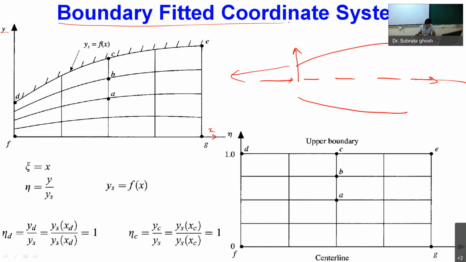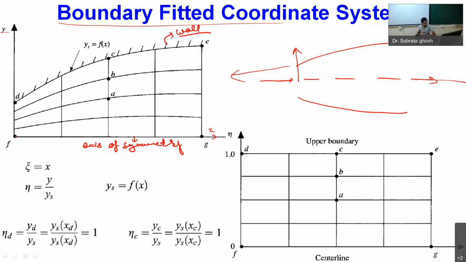It means that the grid points we are considering are parallel to the boundary in order to mimic the boundary properly. In my mesh structure, you can see this F and G is nothing but the axis of symmetry. So this is the symmetry boundary, and this particular line over here is a wall boundary.